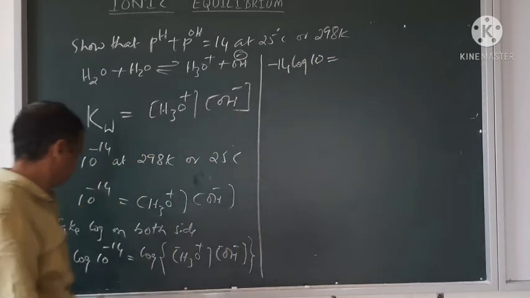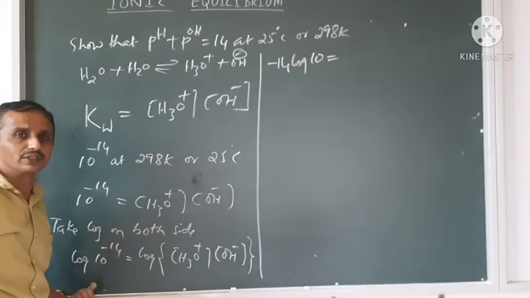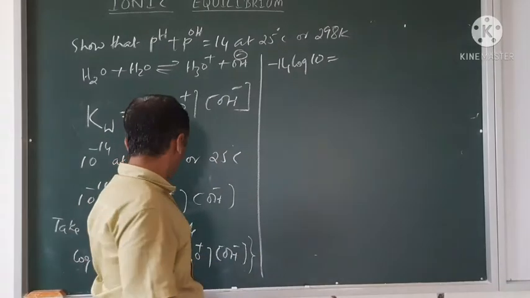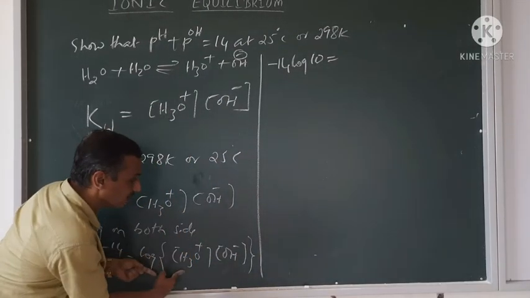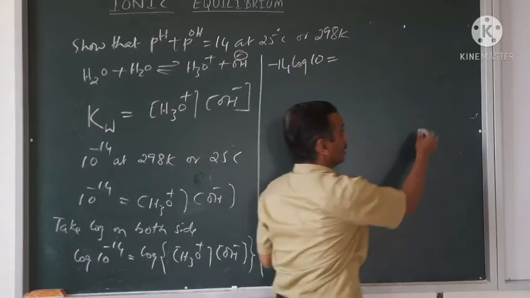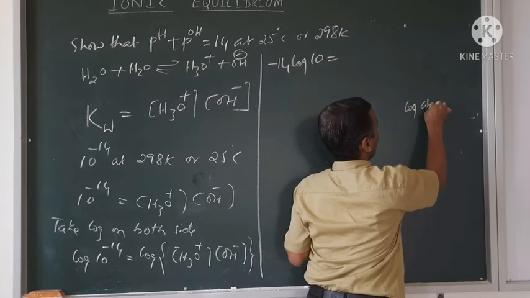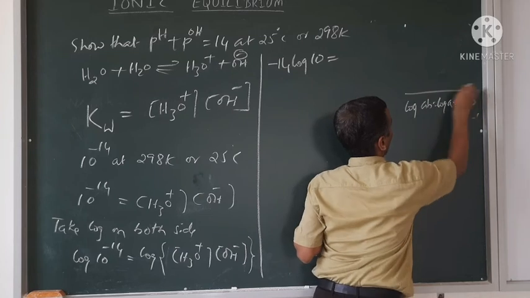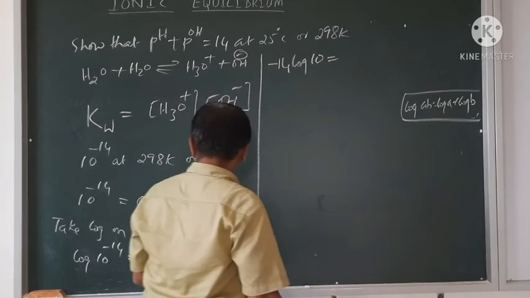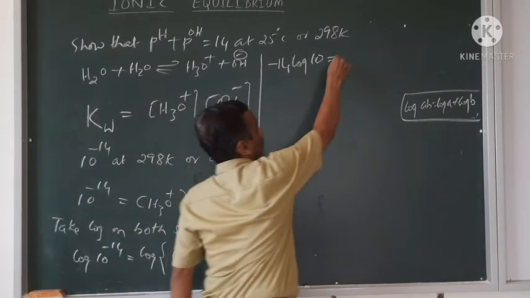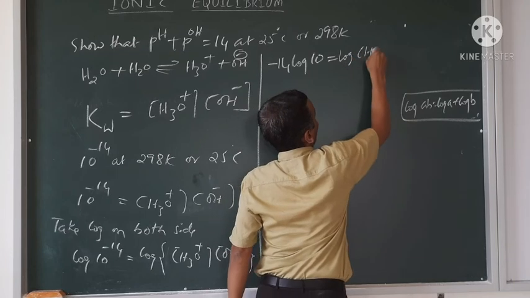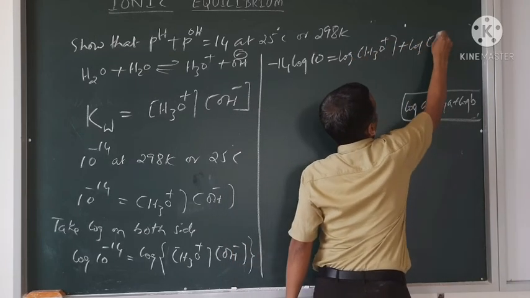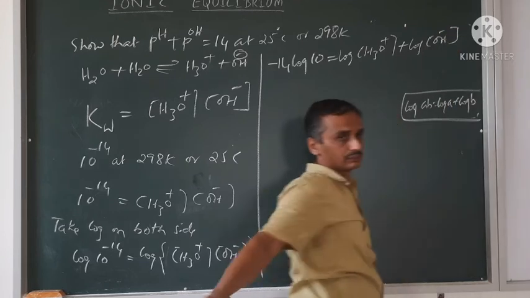Log a to the power n is n log a. And the right side is in the log AB form. What is that? Log AB is log A plus log B. Note it properly. So it is log of H3O plus concentration plus log of OH minus concentration.